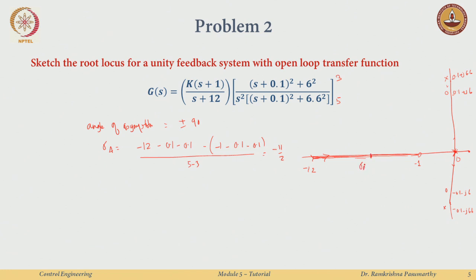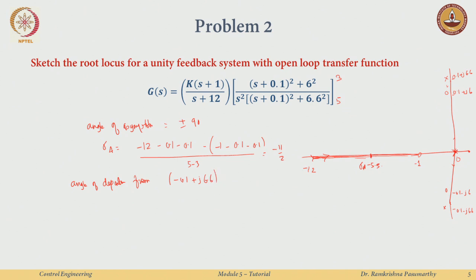This is my sigma a, right, -5.5. Okay, so the next thing I would like to do is the angle of departure from, well, let me say this pole, -0.1 plus j 6.6.